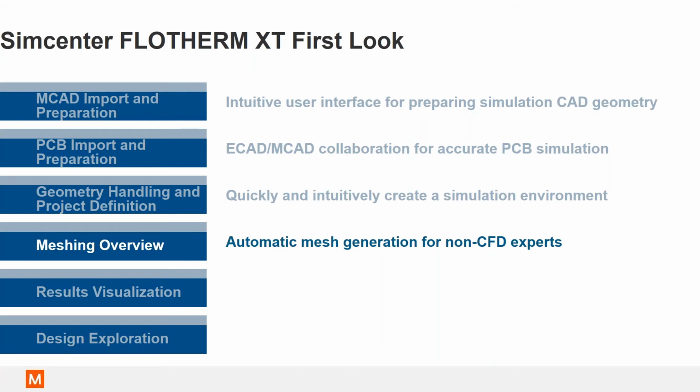It is handled automatically, and the accuracy of the model is definitely not compromised. The automatic mesh generation with optional manual definition ensures that you get the best of both worlds, that is automatic and manual. To summarize the mesh capabilities and the meshing overview, it allows users to generate a high quality mesh without even being a CFD mesh generation expert.